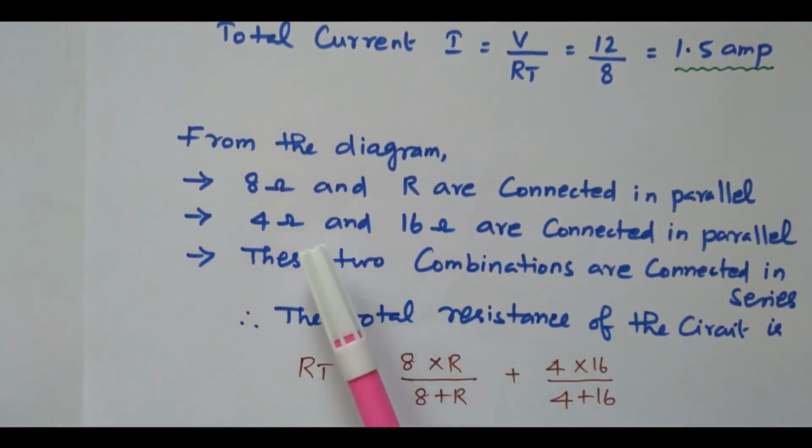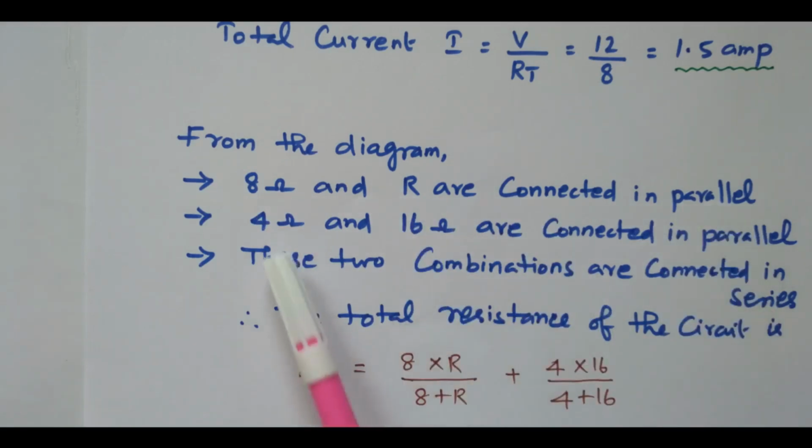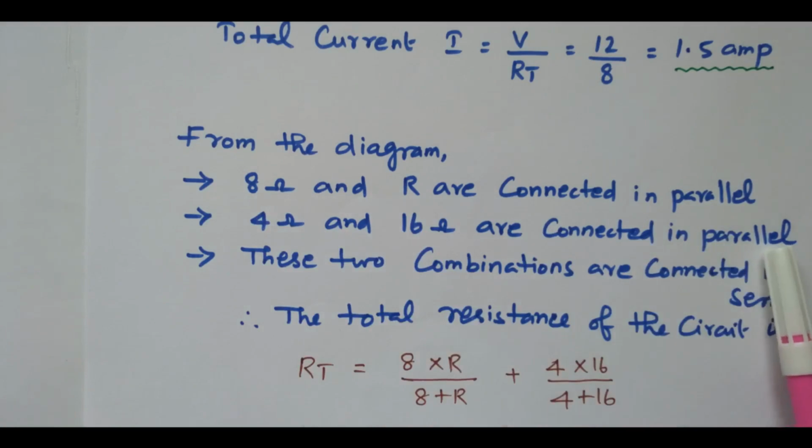So from the diagram it is clear 8 ohm and R are connected in parallel, that we already discussed. 4 ohm and 16 ohm are connected in parallel and these two are connected in series. Two parallel combinations that are connected in series. So what is the total resistance? This is the first parallel combination, R1 R2 divided by R1 plus R2, 8 into R divided by 8 plus R. Similarly another parallel combination, R1 R2 divided by R1 plus R2, 4 into 16 divided by 4 plus 16.